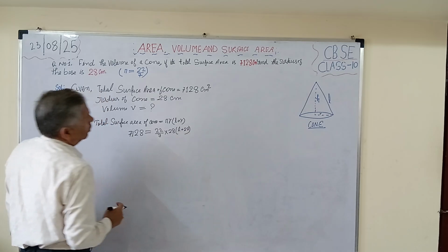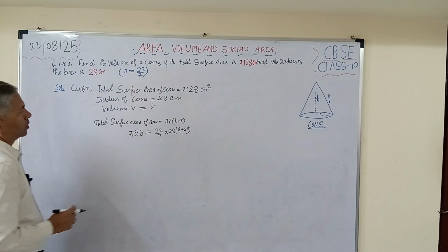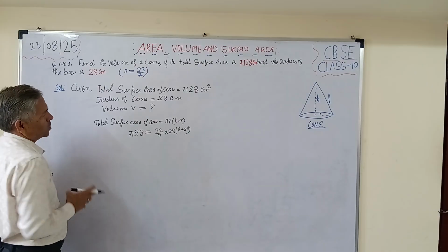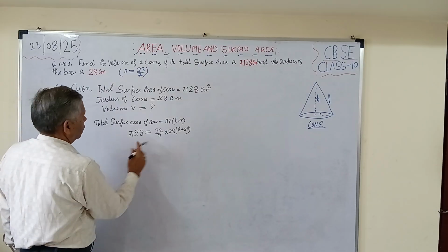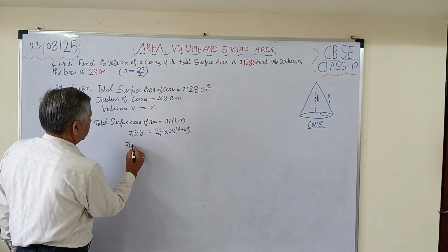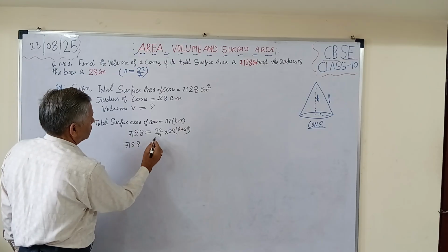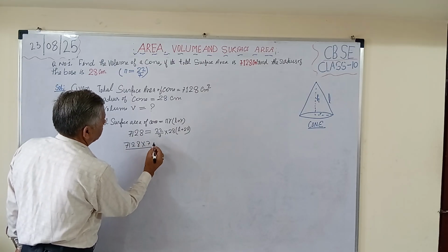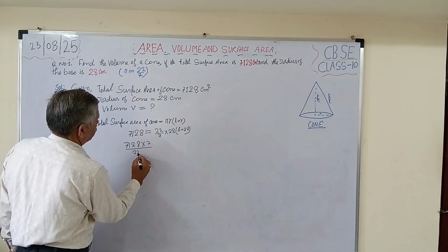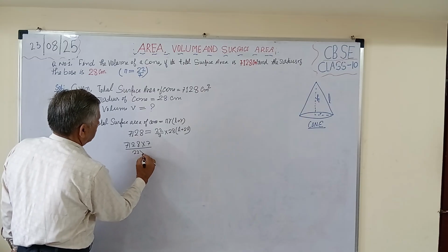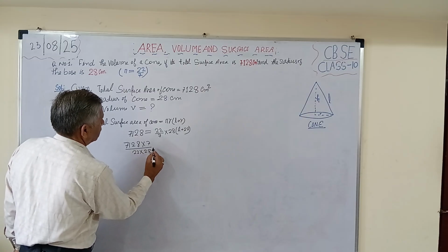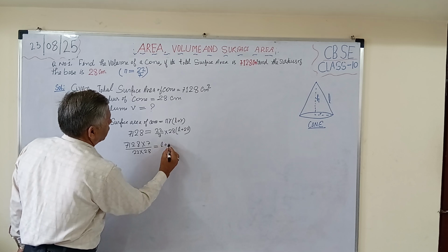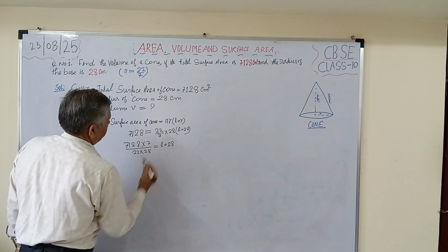Now I have put the values of the given dimensions. So now we can solve it by cross multiplying: 7128 times 7 upon 22 into 28 equals L plus 28.